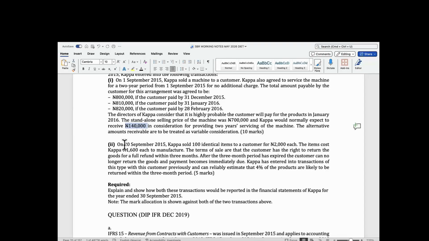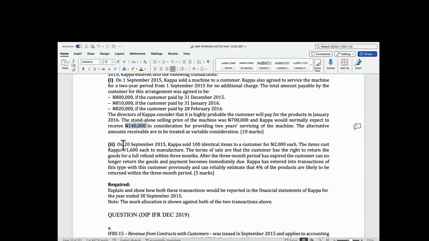After the 3 months period has expired, the customer can no longer return the goods, and the payment becomes immediately due. Kappa has entered into transactions of this type with this customer previously and can reliably estimate that 4% of the product are likely to be returned within 3 months.